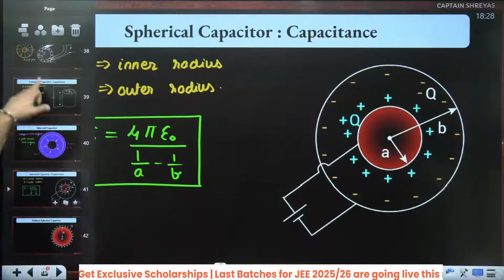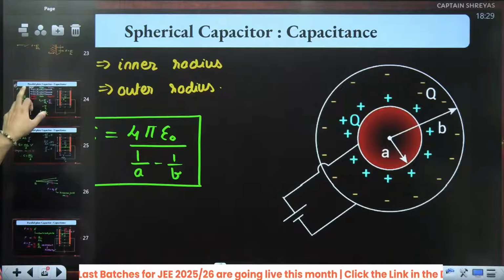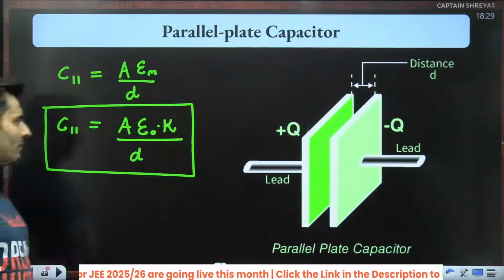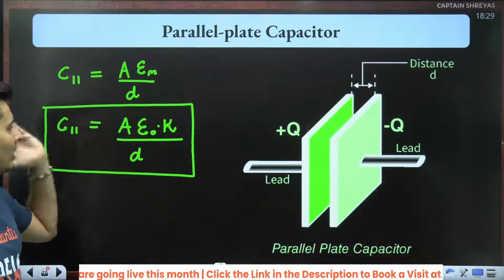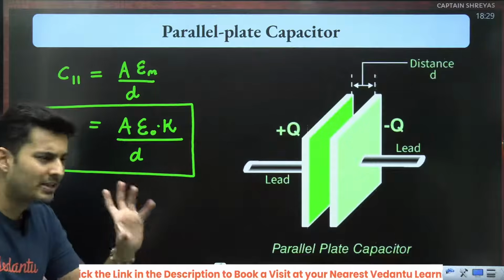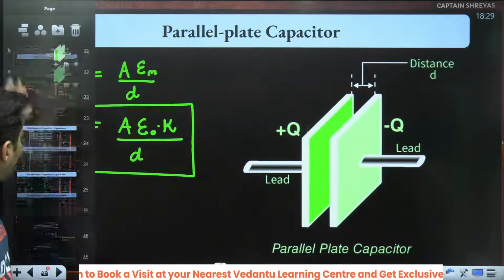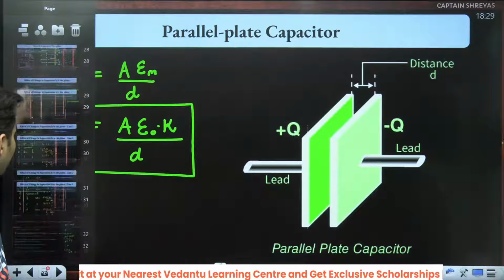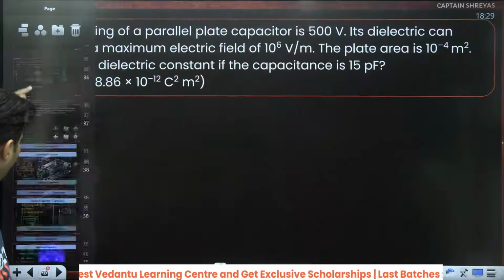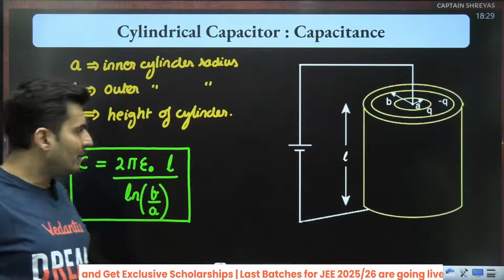So now we have seen all the three formulas. For parallel plate, it is epsilon naught A divided by D. There is no pi in that case because pi is only associated with circles. For cylindrical capacitors, it is 2 pi epsilon naught length divided by log. That pi came because of that circle which is involved.